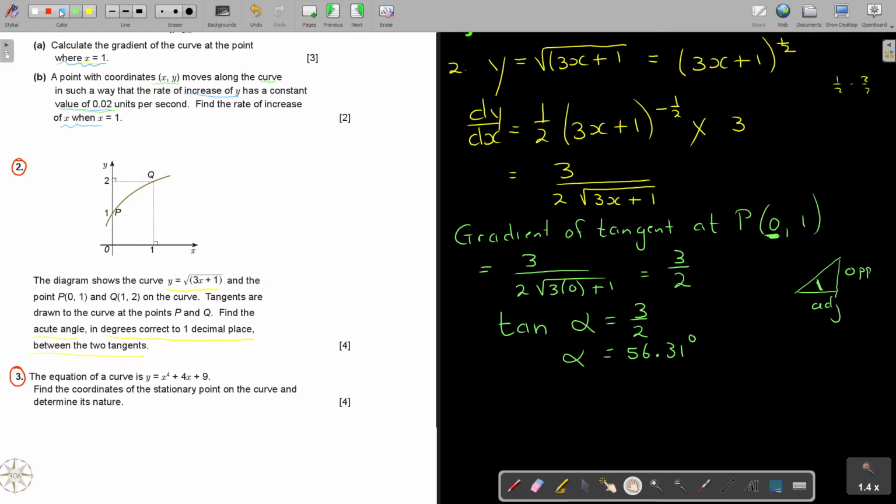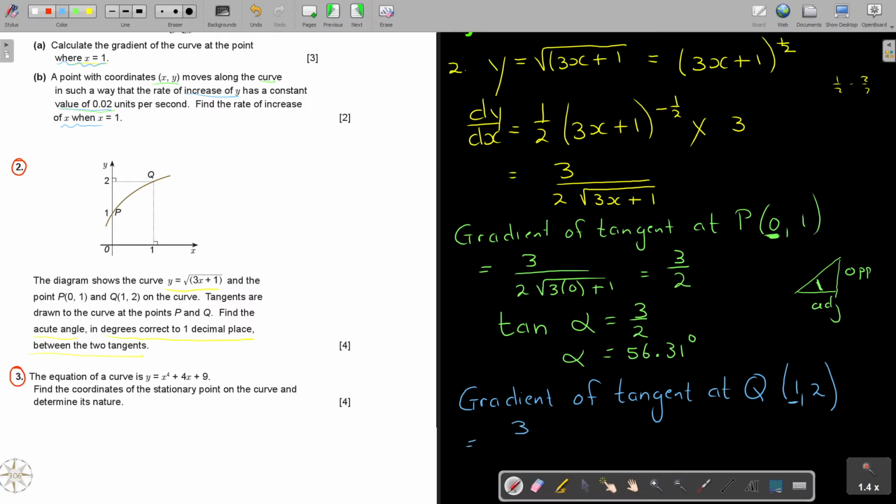So I'm going to say gradient of tangent at Q, and that's going to be 1 and 2. And then I'm just going to substitute.